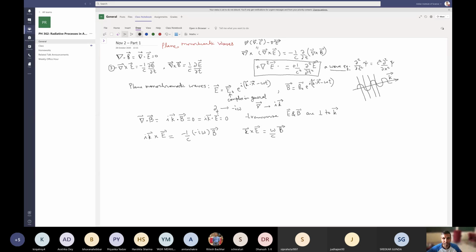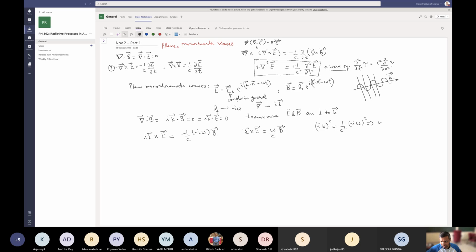In fact, if you look at the wave equation, and if you substitute the plane wave form in that, what you get is, grad squared will just give ik squared is equal to 1 by c squared minus i omega squared.